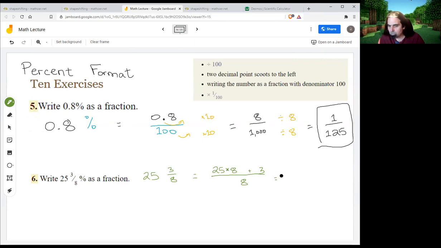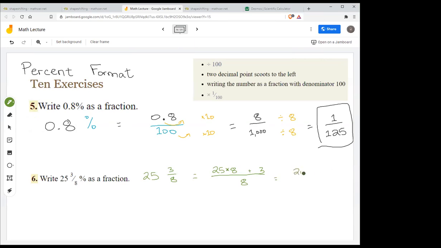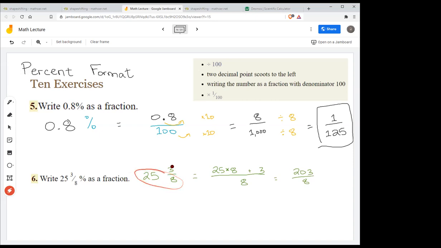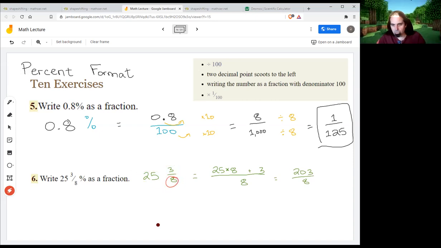So that gives me 203/8. Everyone remember how to do mixed numbers into improper fractions? Yes. Multiply these two, add that one, stick it over the old denominator.